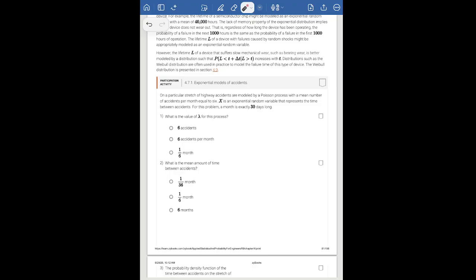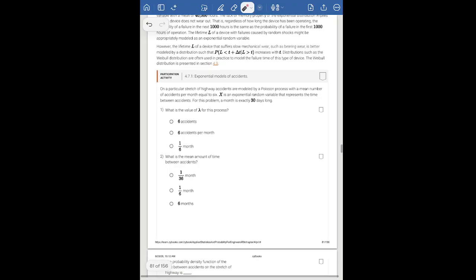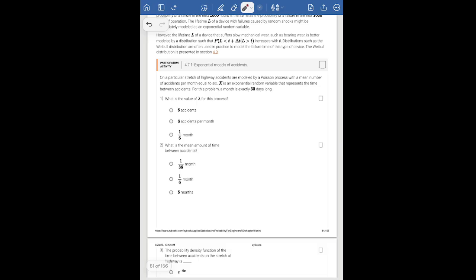And if x is an exponential that represents the time between accidents, then a month is about what we're going to say here. Then the value for this thing here is what we could look for. So what's the value of lambda for this process? Well, the mean number of accidents per month is equal to 6.